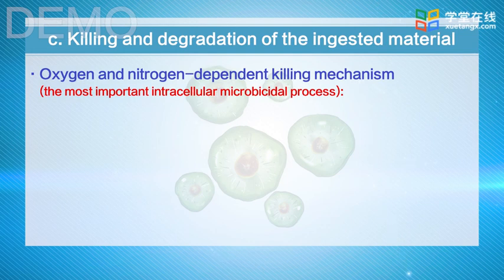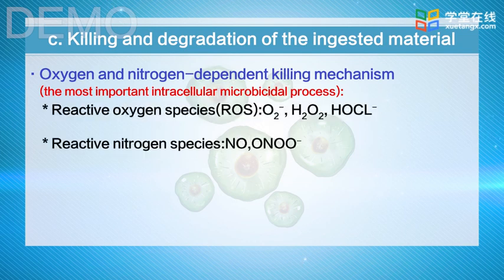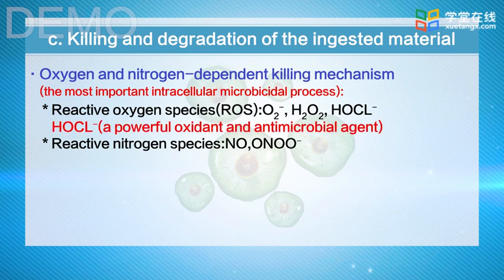This mechanism mainly depends on the production of the reactive oxygen species, ROS, and reactive nitrogen species. Among them, hypochlorous radical is a potent oxidant and antimicrobial agent.